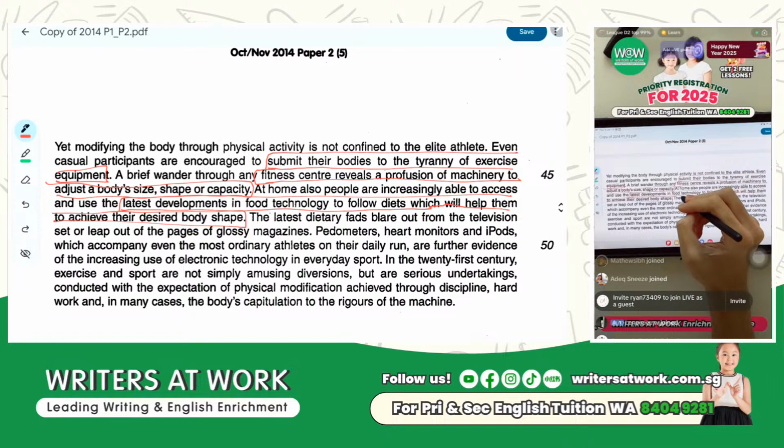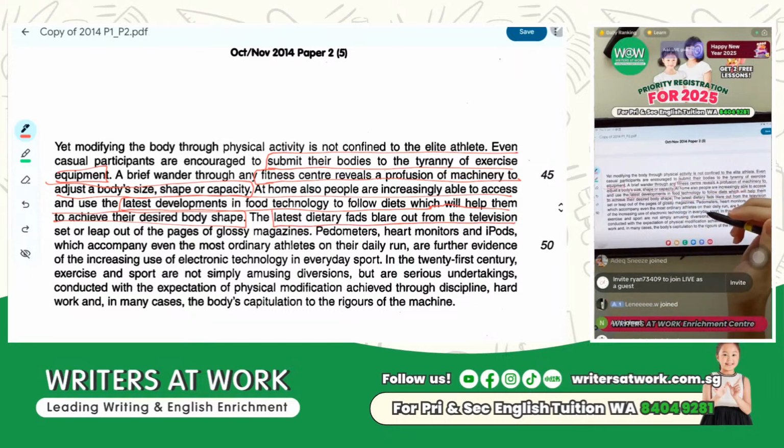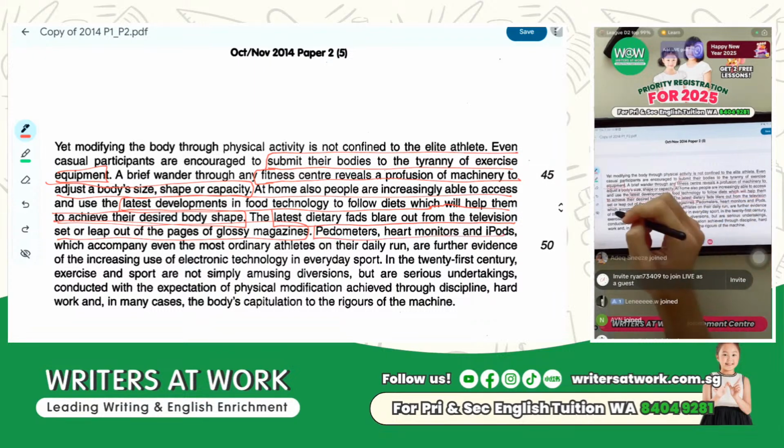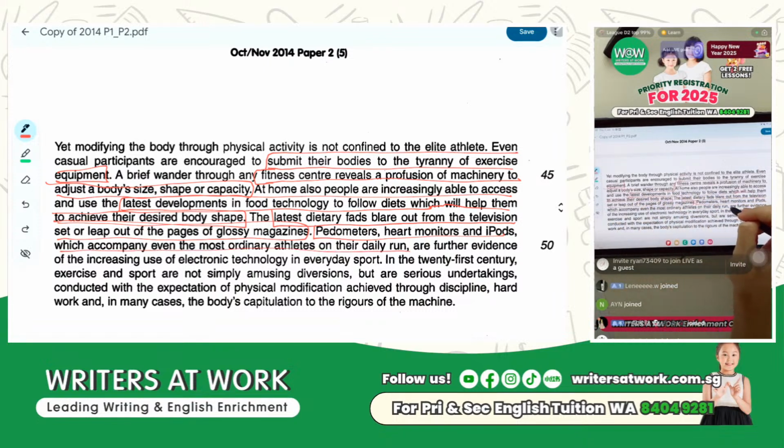Next, we also look at how technology works through a lot of advertisements and publications in newspapers and magazines. And lastly, we can talk about how all your equipment accompanies your Tom, Dick, and Harry on a daily run. So even ordinary people also need to use all these sports equipment. And with that, we have come up with our 10 points.